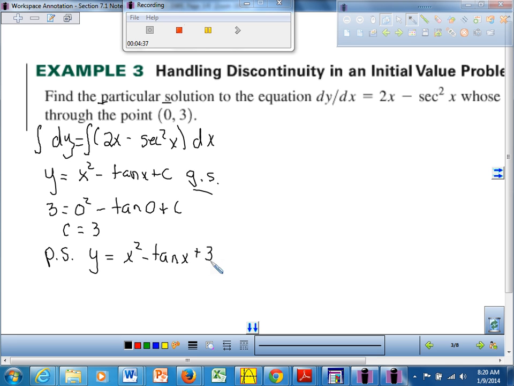All right, so you notice where it says example 3, handling discontinuity in an initial value problem. So part of our solution here has places where it is not defined, right? Tangent has places where it is not defined. Where is tangent undefined?